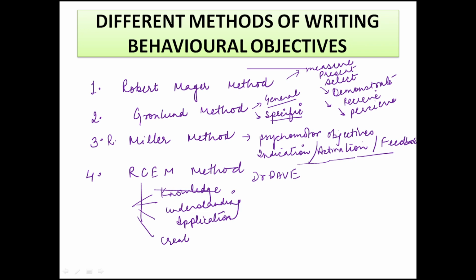That is very important, that whatever the student learns, whether he is able to analyze, synthesize or evaluate that fact and create something different from all the theoretical things he has learned in the classroom. We use this kind of method generally for writing behavioral objectives in India.